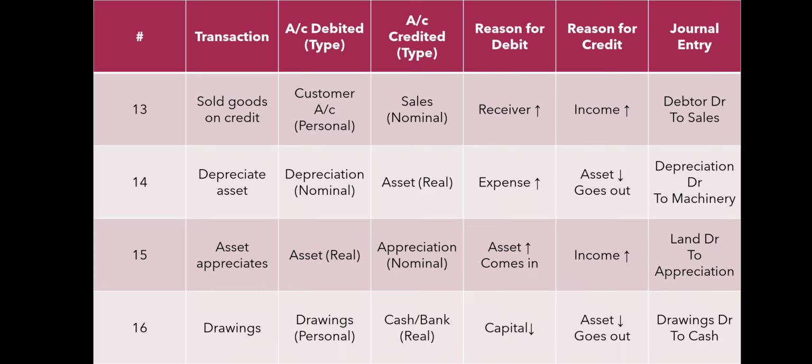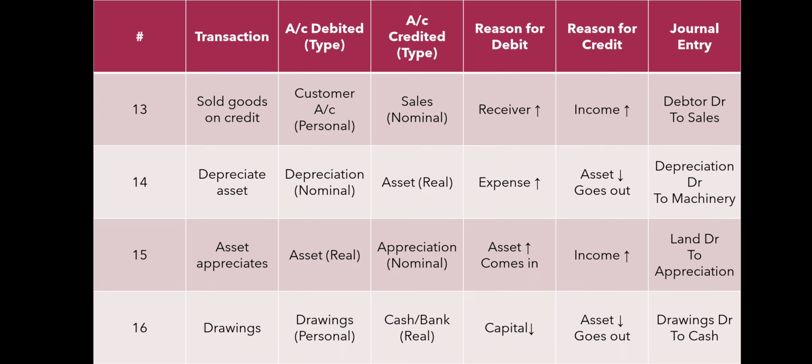Remember one thing, appreciation will happen only in the case of land, a piece of land. Today a piece of land was costing rupees 90 lakhs. Next year that same piece of land will cost 1 crore.